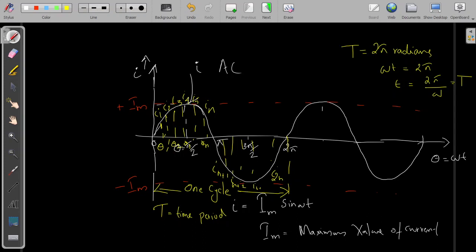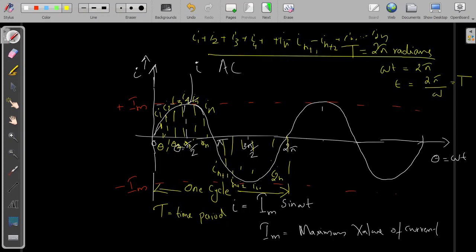The average value means you take the algebraic sum of all these instantaneous values, that is I1 plus I2 plus I3 plus I4 plus etc. plus IN, that is the positive half cycle completed, then minus IN plus 1, minus IN plus 2, minus IN plus 3, etc., minus I2n, whole divided by 2n number of values.